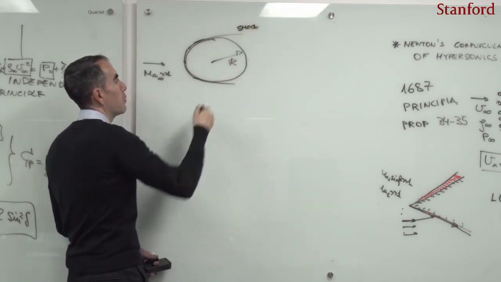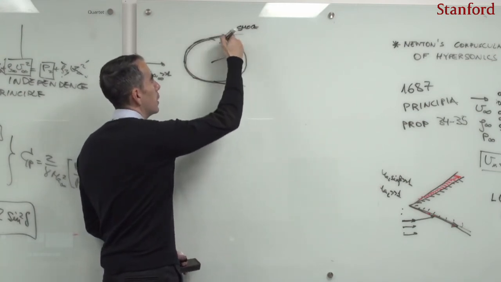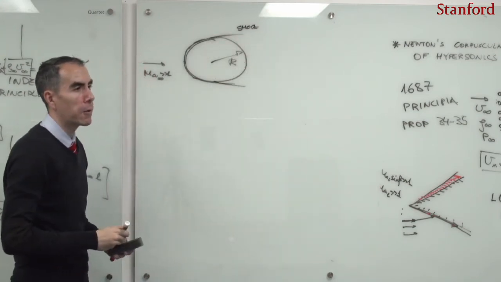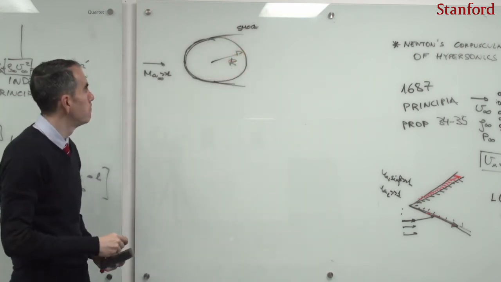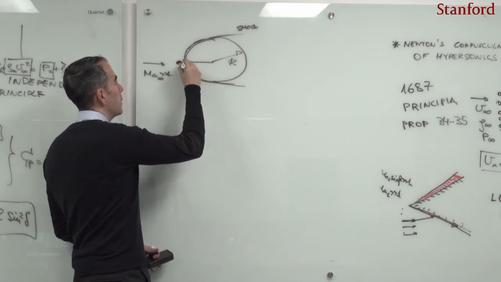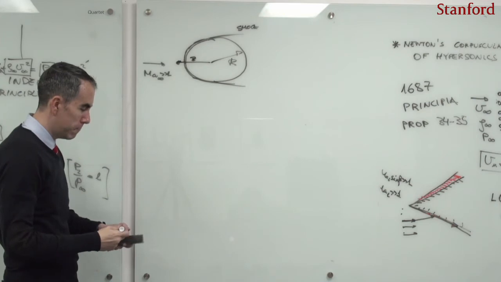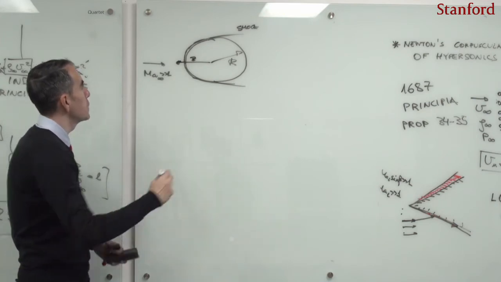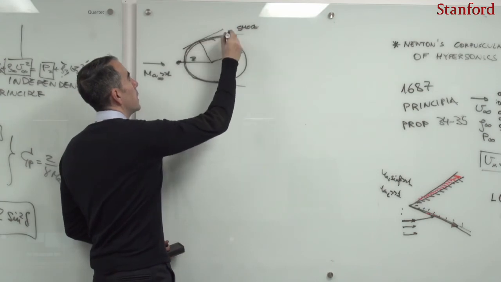Everything that is on the back of a sphere is in the shadow. So as a result, I don't care about the drag on the back of a sphere, because the pressure coefficient along all of this is going to be 0. So here I can define an axis, coordinate z, and I can start operating. So the first thing to notice here is that I'm going to have an inclination angle delta.